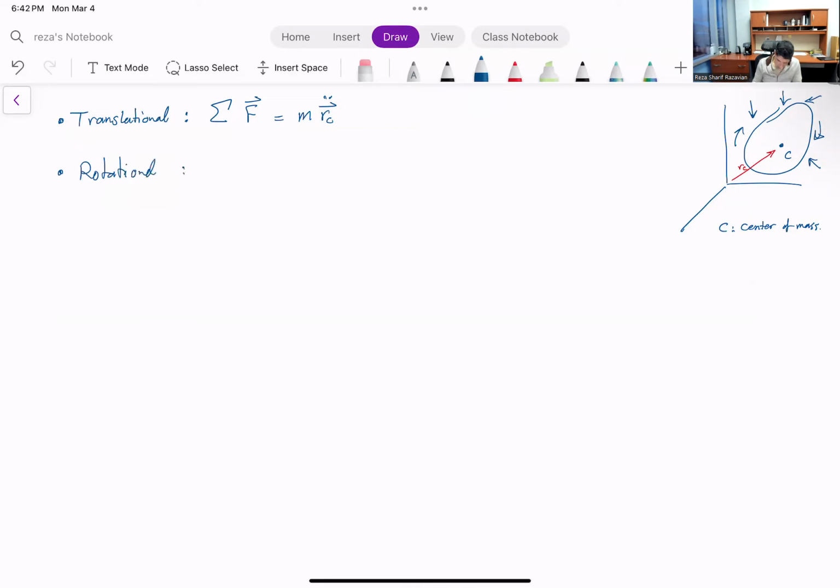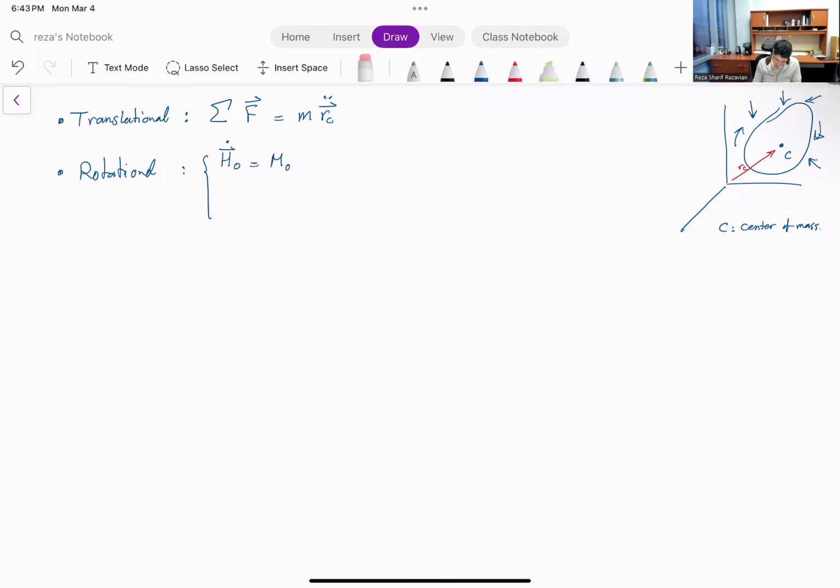rotational dynamics, we have also seen it before, that for any system of particles, we can write it in two or more forms.